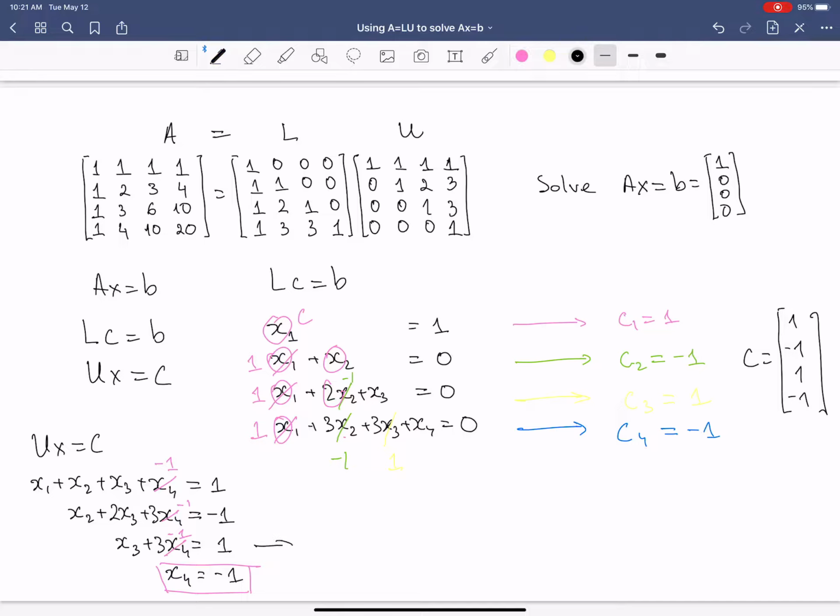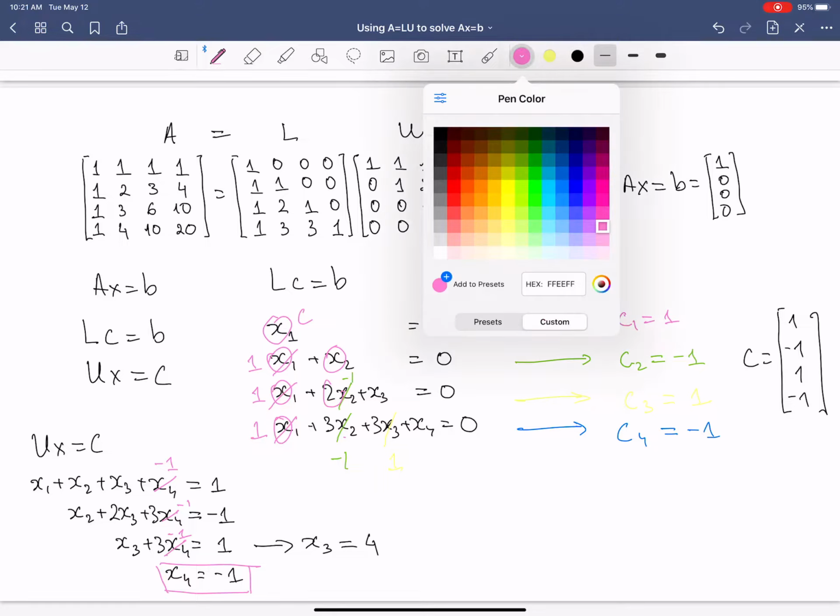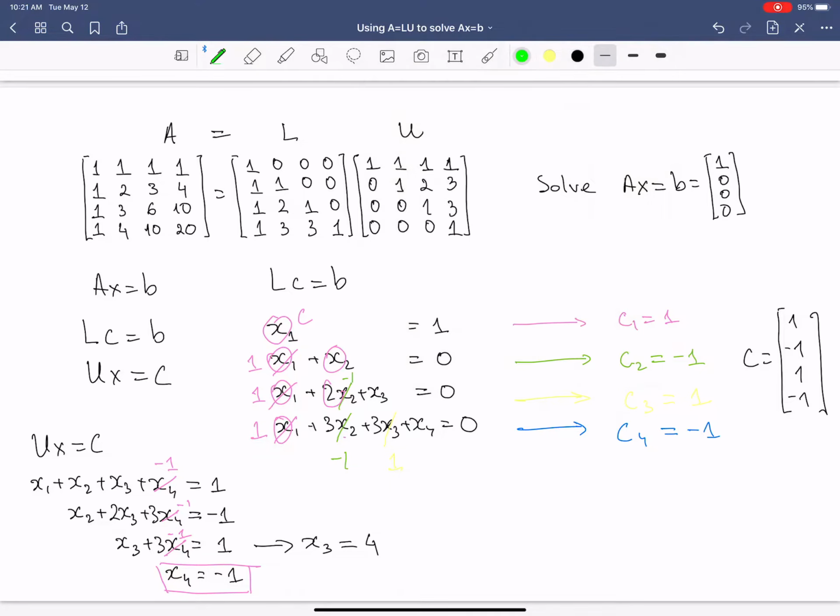So from here, x3 minus 3 equals 1, which means x3 must be 4. Now I will use another color. I will replace 4 in the first and second equations. So I have a 4 here and a 4 there.